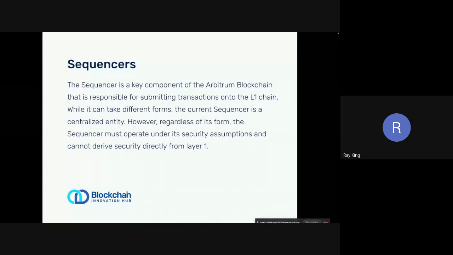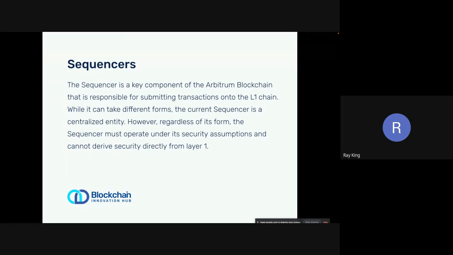However, regardless of its form, the sequencer must operate under its own security assumptions and cannot derive security directly from layer one. What this means is that each sequencer has its own security mechanisms before it can submit the transactions to the L1 chain. The security must be tight, and most times it doesn't derive security from layer one.